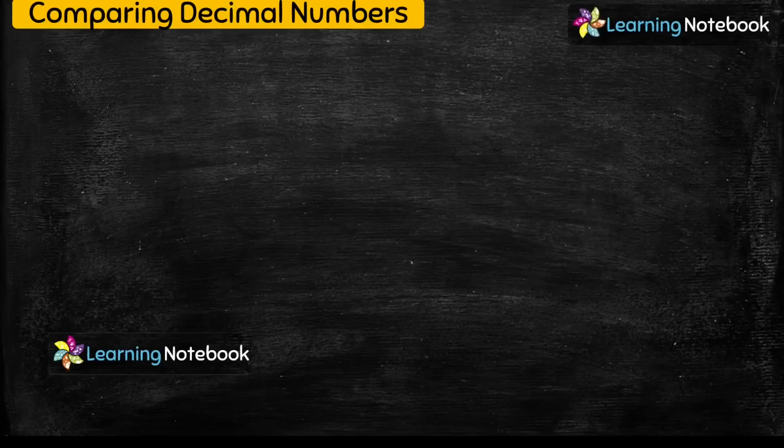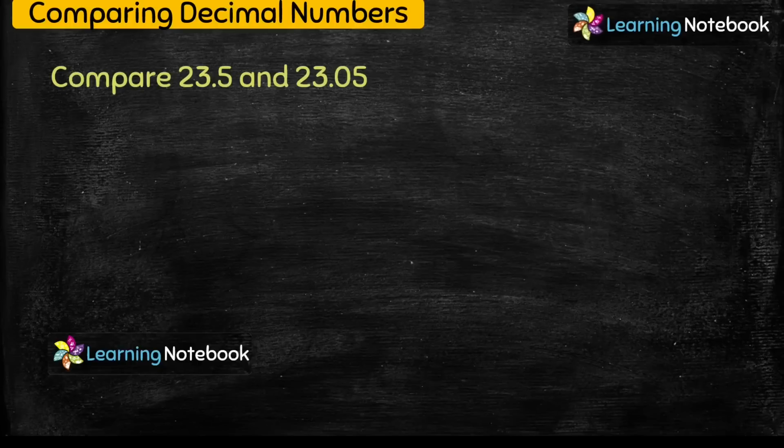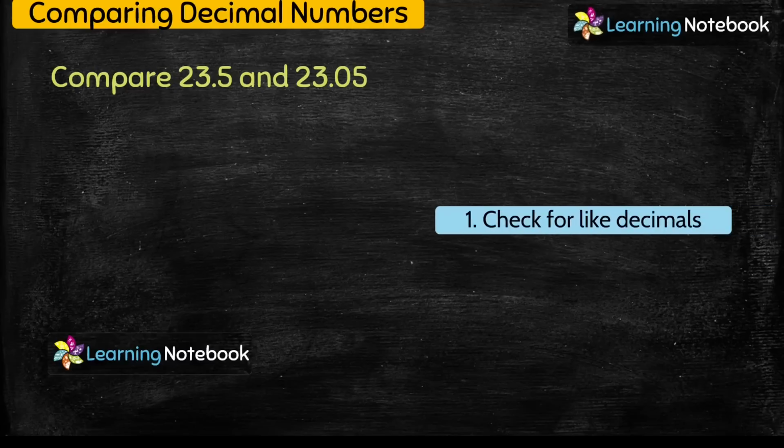Let's do another question. Compare 23.5 and 23.05. So step 1 is, check for like decimals. Students, we can see that the first decimal number has only 1 decimal place, while the second decimal number has 2 decimal places.